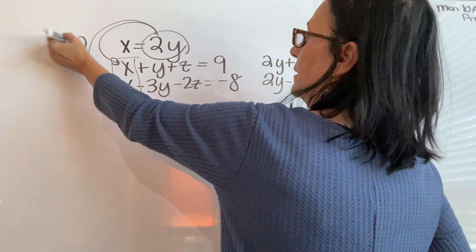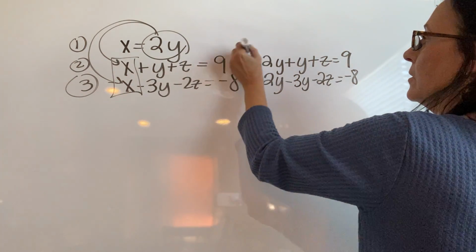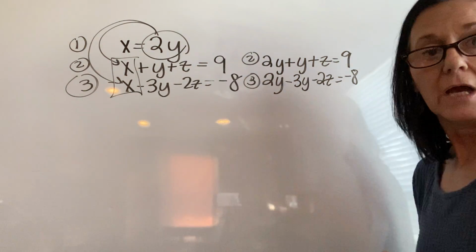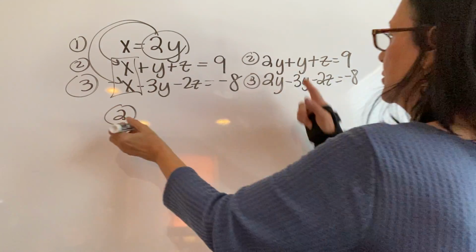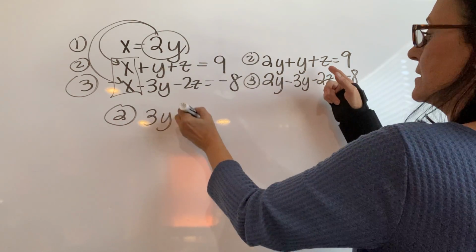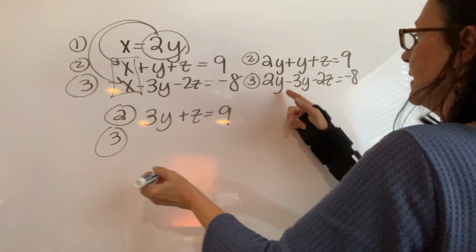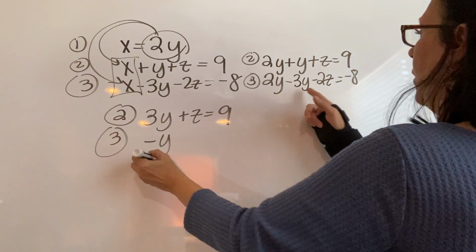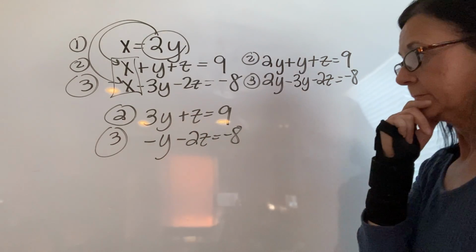We'll label the equations 1, 2, and 3 so that you'll know which equation I'm simplifying, all right? So I'm going to simplify equation 2. Combining those y's, it's 3y plus z equals 9. Simplifying the third equation, it's -y minus 2z equals -8.